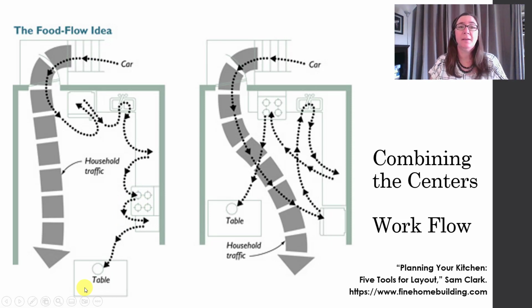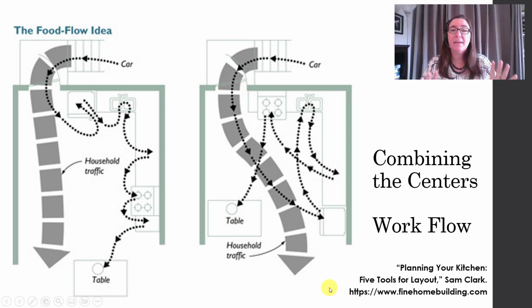On the right is a poor example of this workflow idea. So again, maybe our groceries start here in the car, and we bring them into the house and we walk all the way over here to put them away in our refrigeration center. Now it's time to start preparing a meal, and we might bring them out and wash our vegetables and come over here and prep them, and we come over here and cook them and finally serve them to the table.